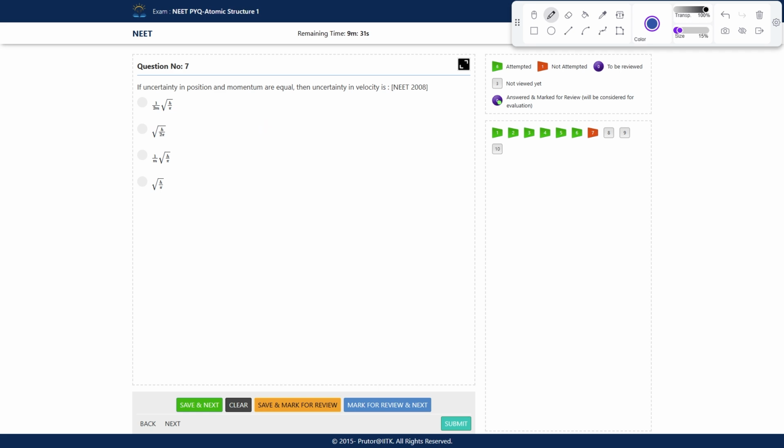So let us consider that the uncertainty in position is equal to A, and this will also be the uncertainty in the momentum, which is delta P. Now delta X multiplied by delta P is equal to h by what? h by 4 pi. If we substitute A in place of both, you will get h by 4 pi equals A square, or A is equal to root under h by pi multiplied by 1 by 2.